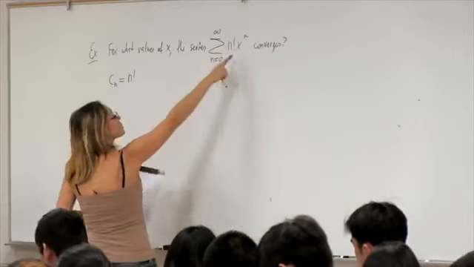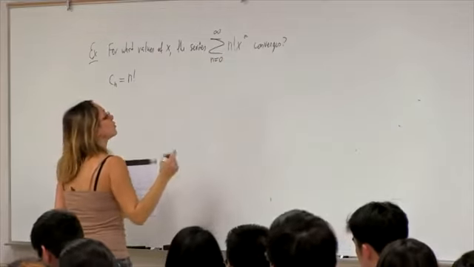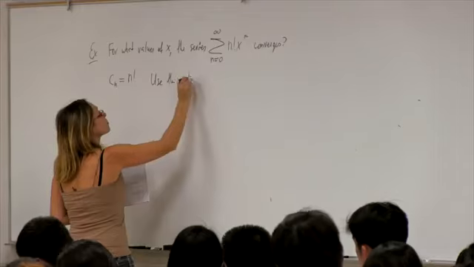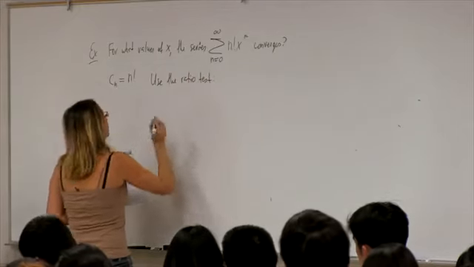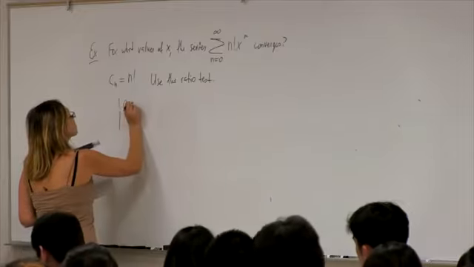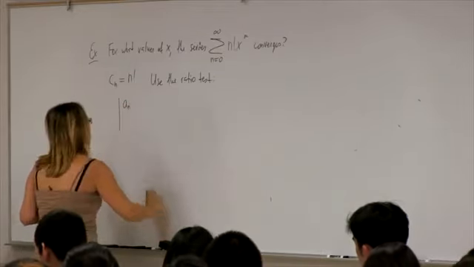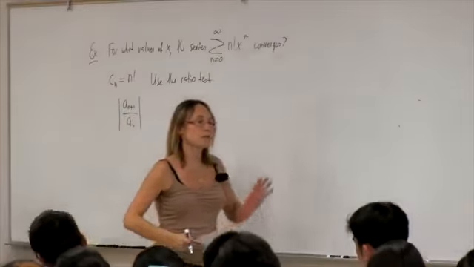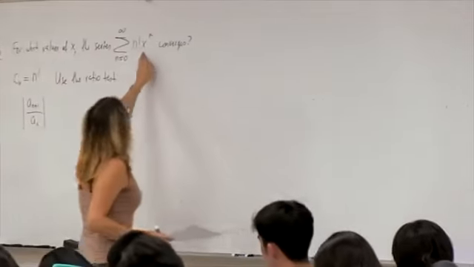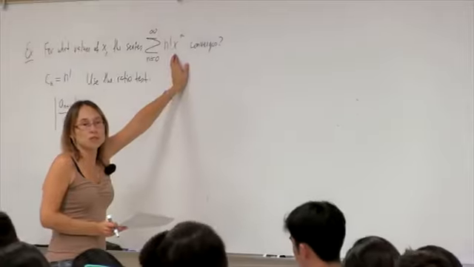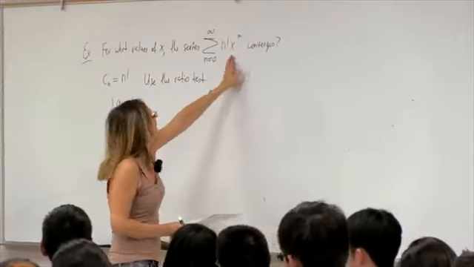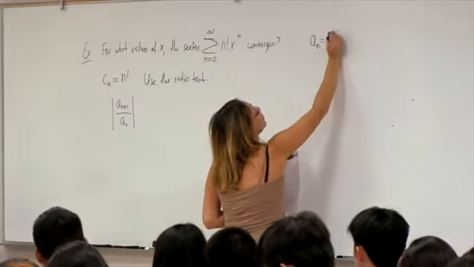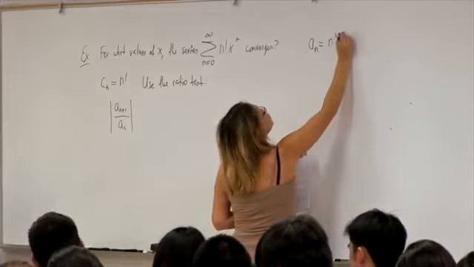Because this contains a factorial, we'll use the ratio test. So we're going to look at a_{n+1} over a_n. When we do that, we momentarily forget that x is not a constant but a variable. We just fix it to be some value, okay, and investigate convergence. In this case, a_n is simply given by n factorial x to the n.